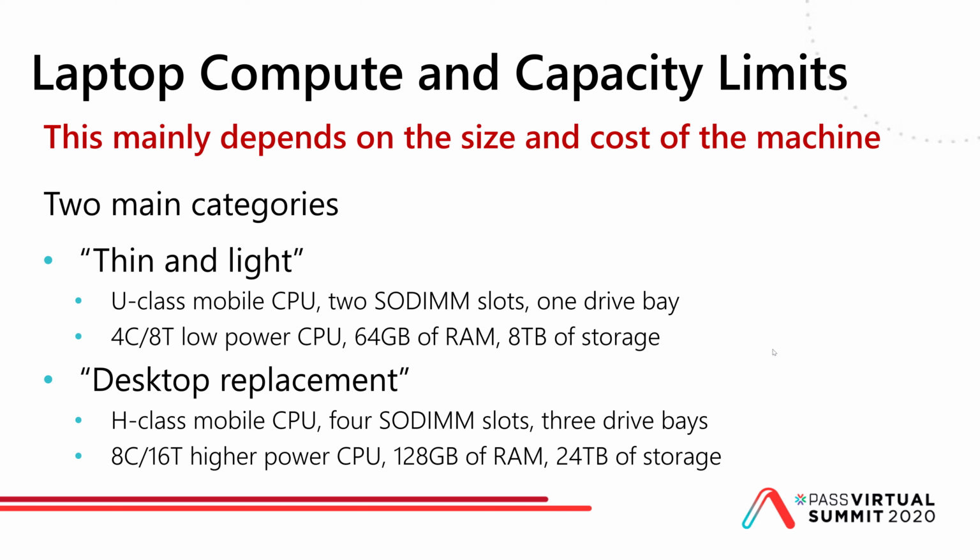You've got thin and light laptops, and you've got what I call desktop replacement laptops that are usually much larger. With thin and light laptops, usually it's a U-class mobile CPU that has lower power usage, and you only have two memory slots and usually just one drive bay. Depending on the age of the laptop, it could be a SATA drive, or a newer laptop is probably going to have one M.2 drive bay.